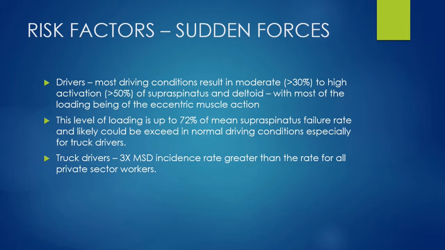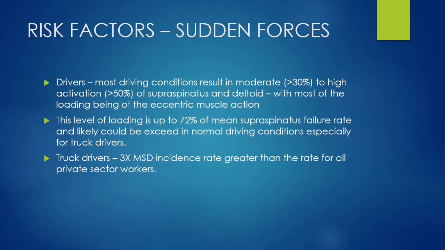So they concluded that this level of loading is up to 72% of the mean supraspinatus failure rate and likely could be exceeded even in normal driving conditions, especially for truck drivers that use those large steering wheels that require large circumferential movements of the shoulders.